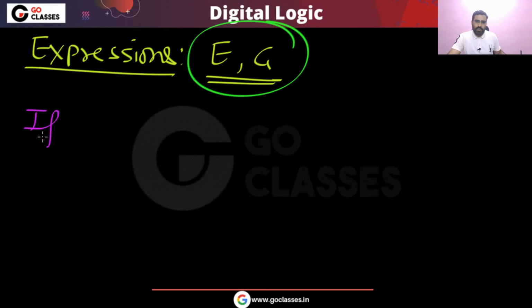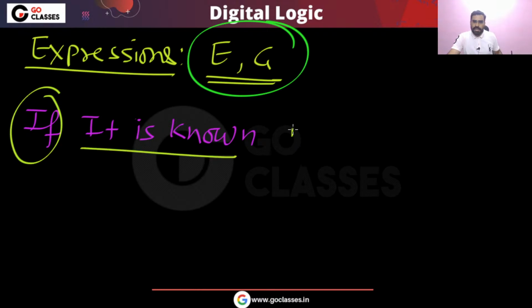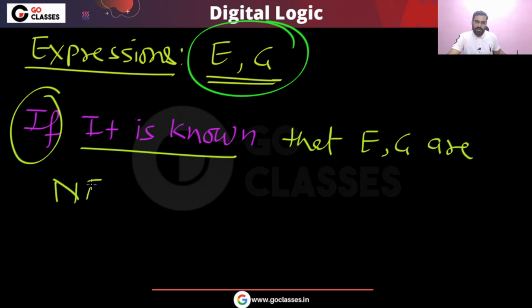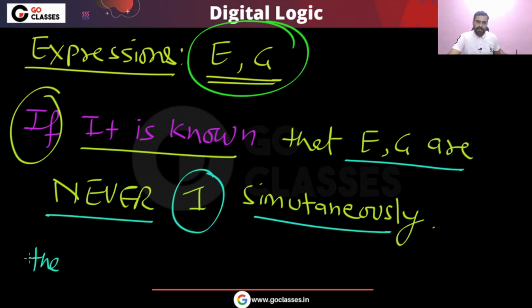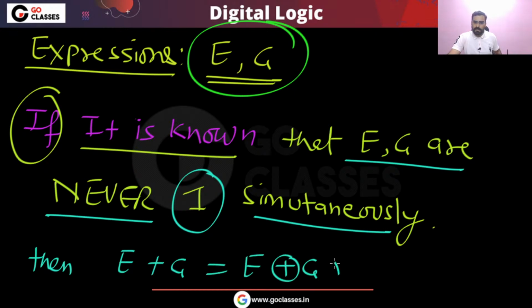If it is known that E, G are never one simultaneously, then I can say that E OR G is the same as E XOR G. Is this point clear?